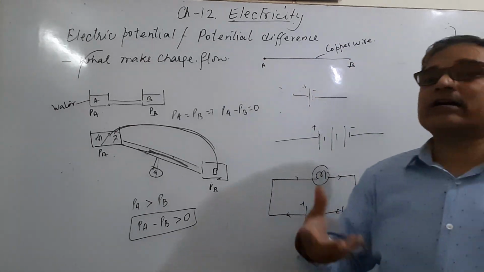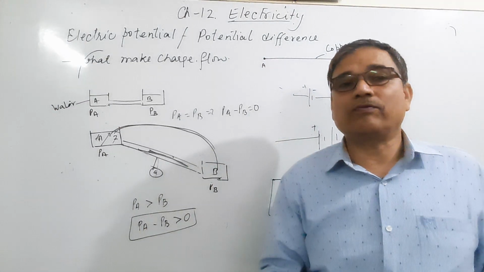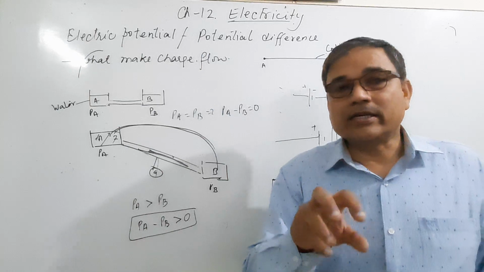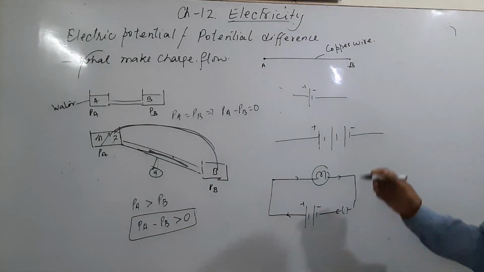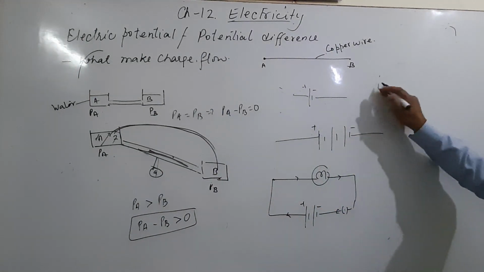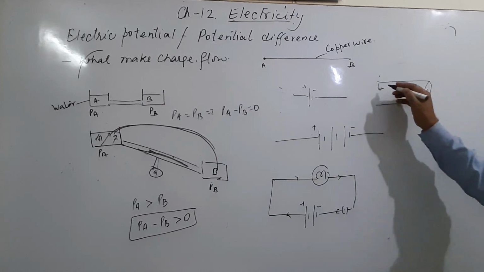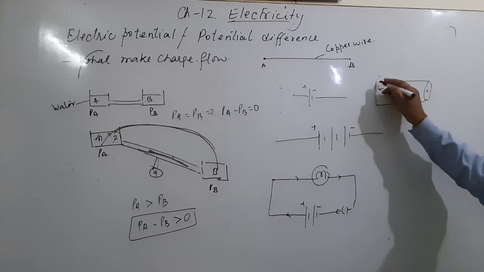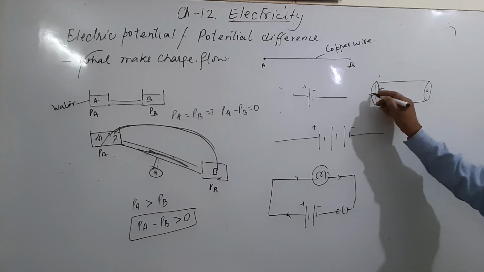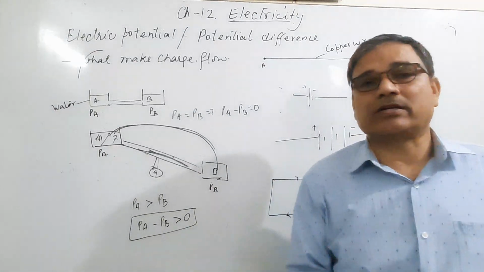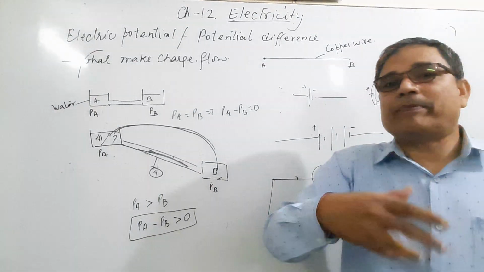And this electric pressure is generated only with the help of a cell. This is a cell, which has some chemical substance in which a chemical reaction will take place.